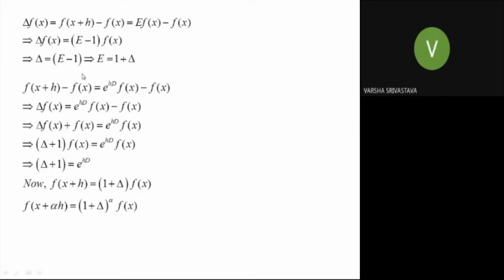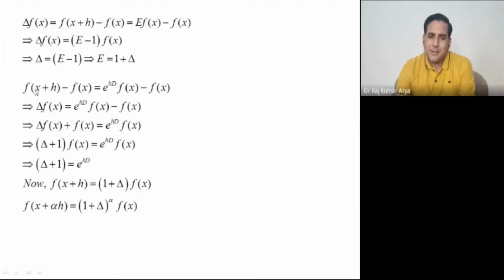Now again, f(x plus h) minus f(x) is equal to, substituting from the previous derivation, f(x plus h) you got as e to the power hD f(x), and you already have f(x) here. This total thing is also known as your first forward difference, the left hand side.